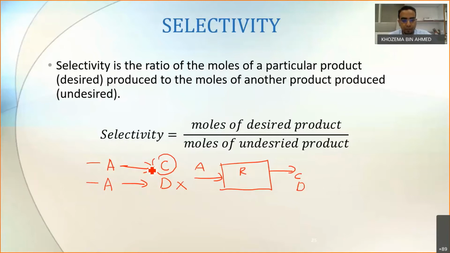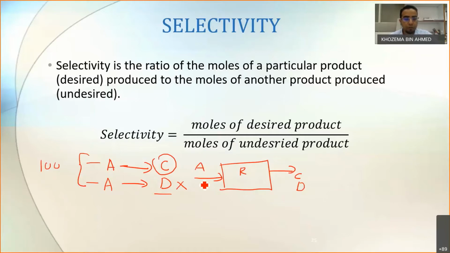When a side reaction happens and we produce the undesired product D, we need to find the selectivity. For example, A produces C and the same A also produces D.